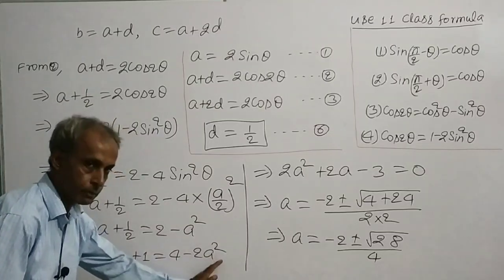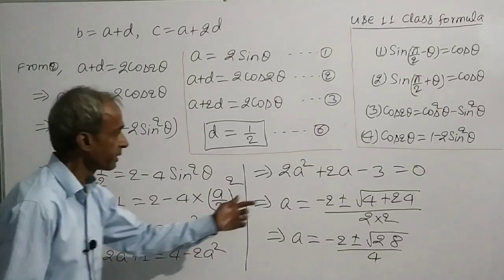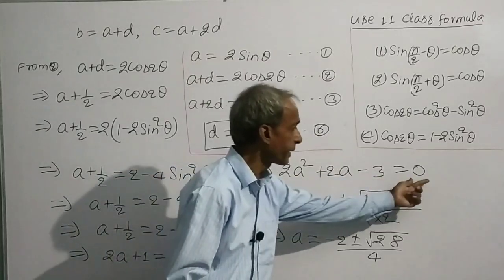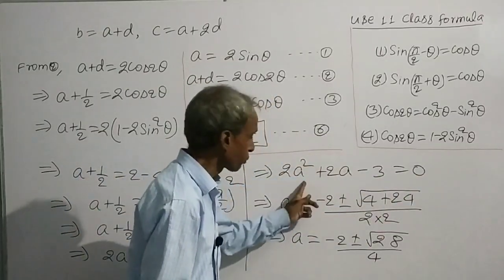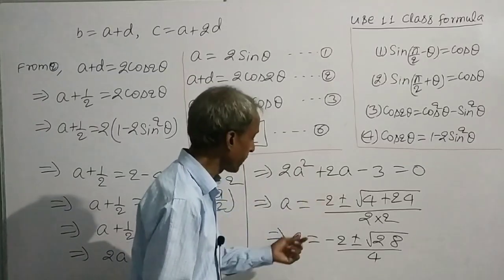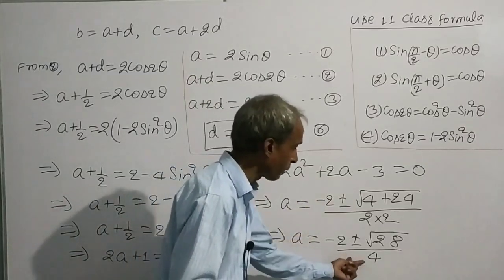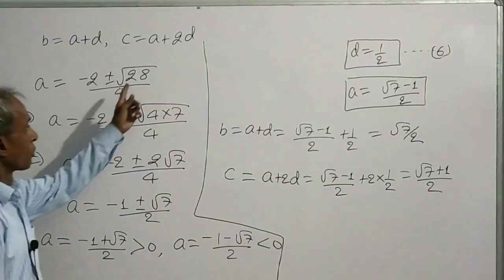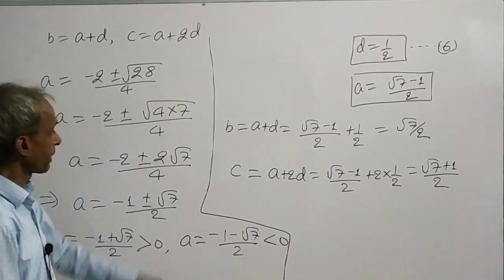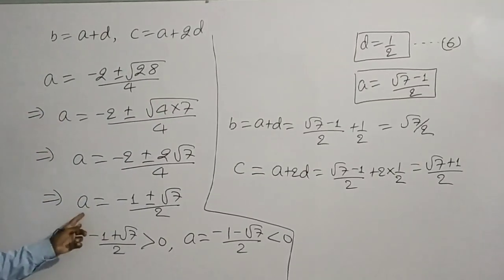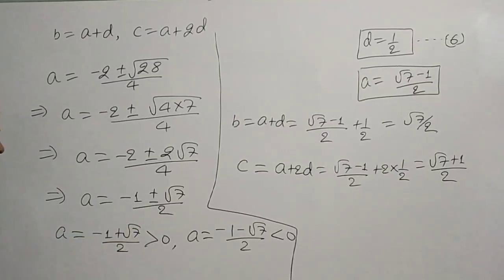Shifting everything to the left hand side, we get this quadratic equation. After solving this quadratic equation for a, we get a is equal to this. We can write 28 as 4 times 7. Then we get a is equal to this.